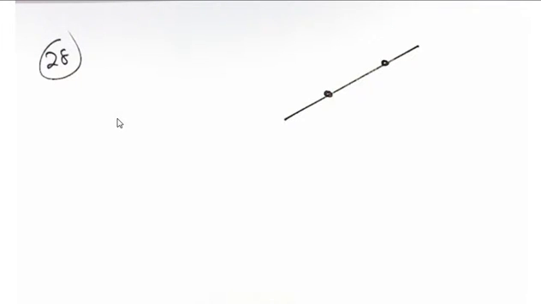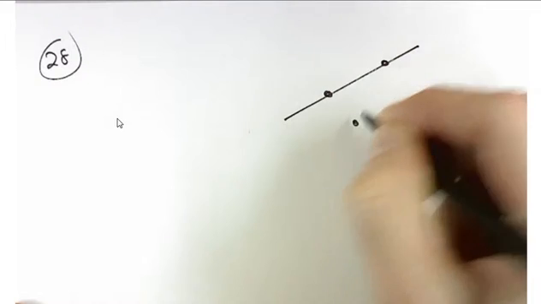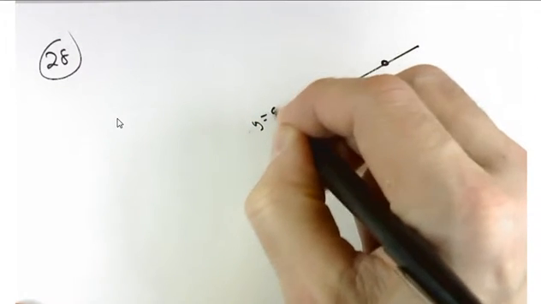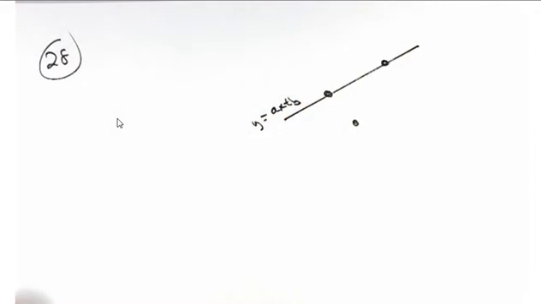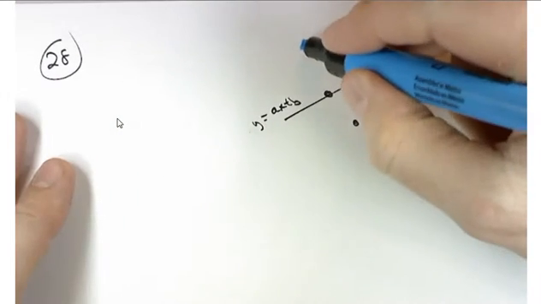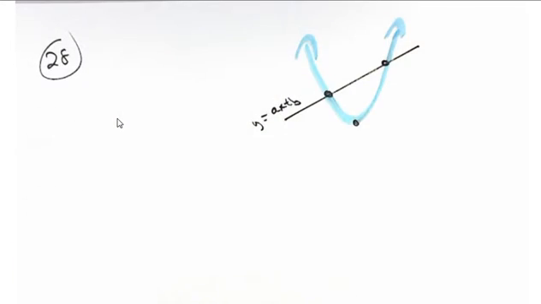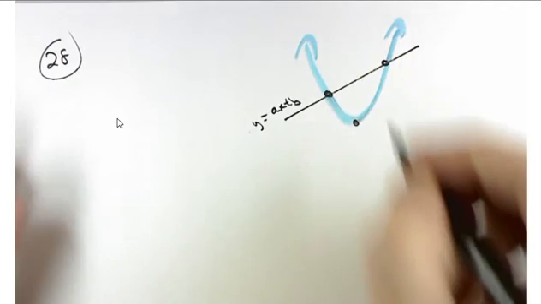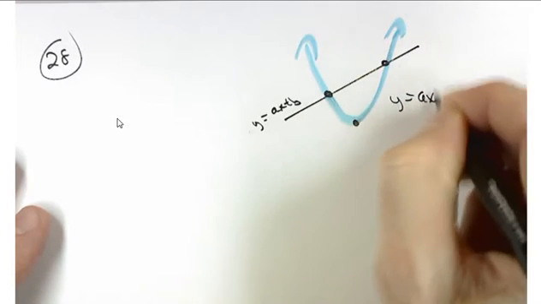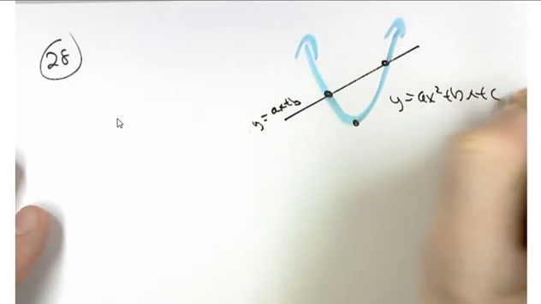But what would happen if I had 3 points? What do 3 points determine? 3 points determine a parabola. And the general equation of a parabola is this: y equals ax squared plus bx plus c.